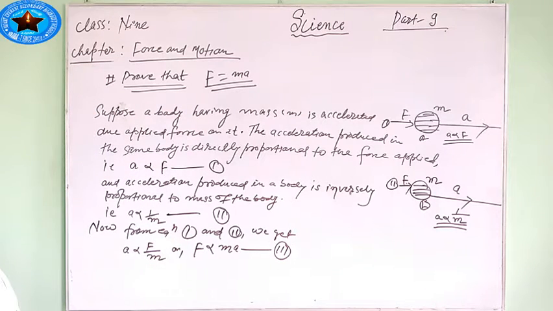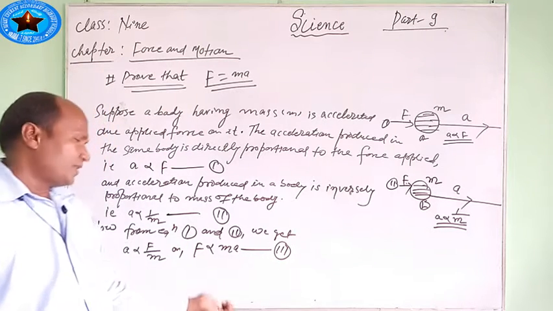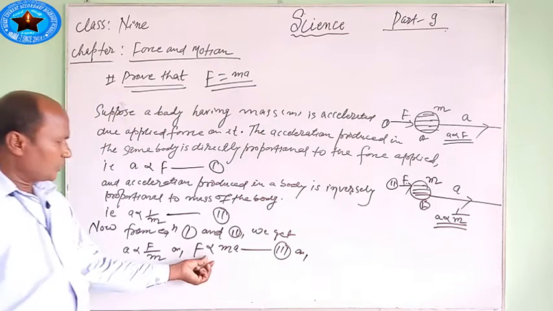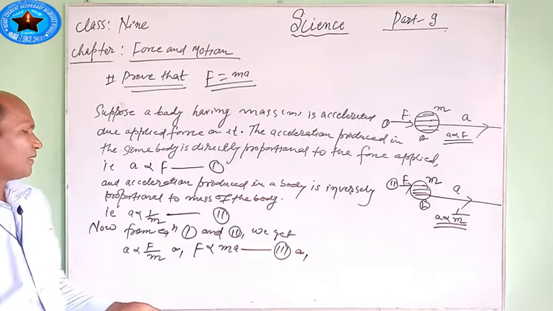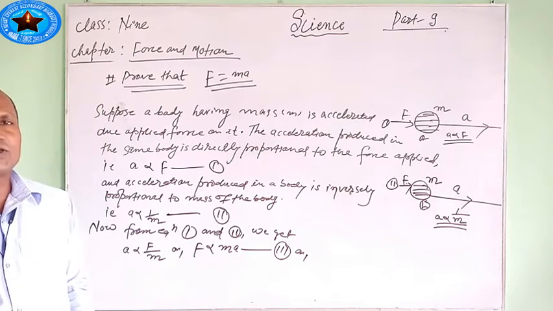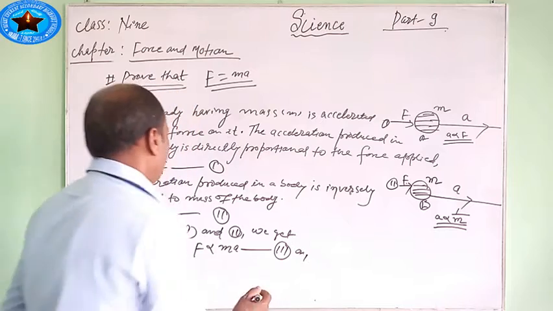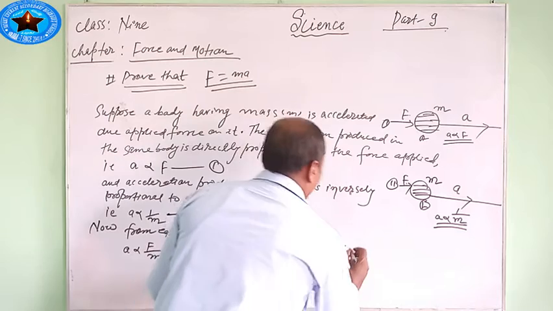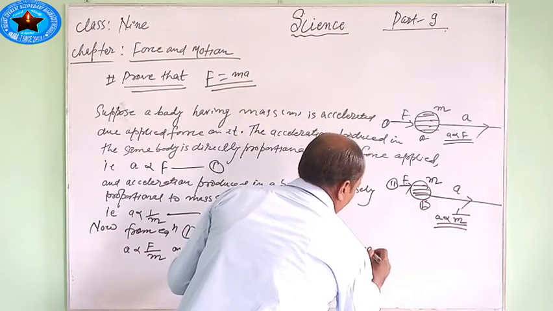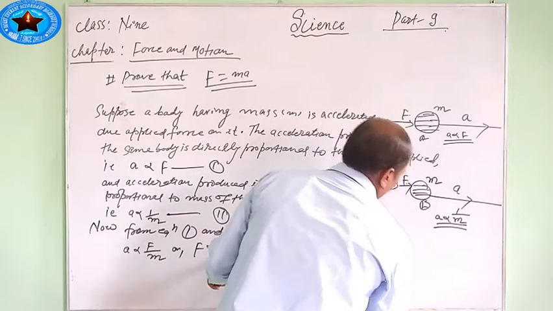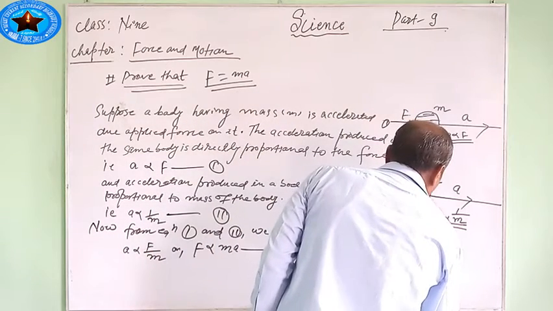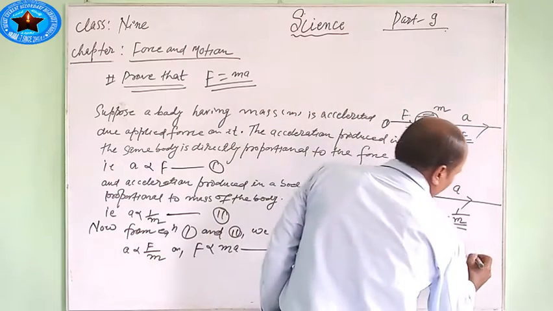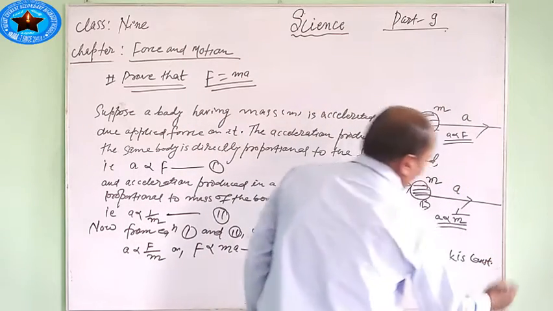In this way you can also write. If you want to give the equation, nothing happens. Or here, the proportional sign, you can replace this sign by giving the equal sign and adding a constant. Like this, F is equal to K m a. This is equation 4, where K is a constant.